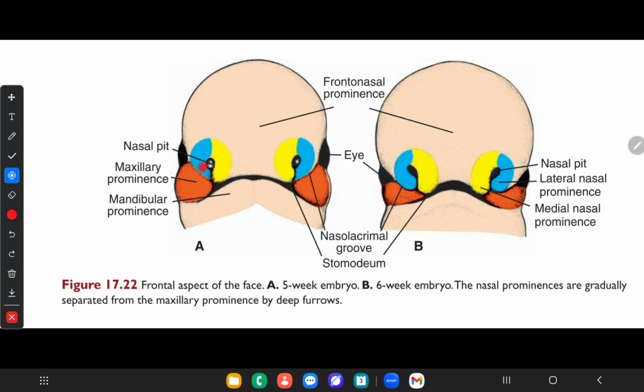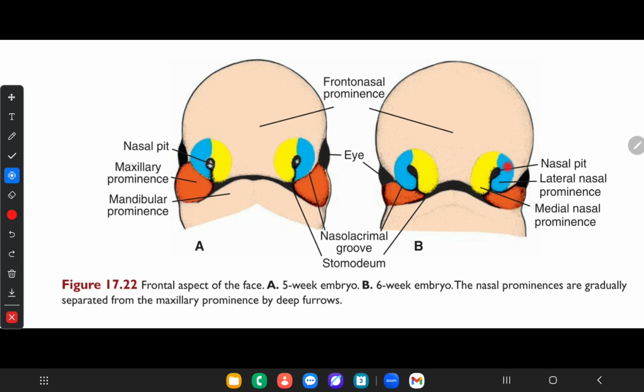Here you can see in this diagram the yellowish parts are the medial nasal prominences, and the bluish part is the lateral nasal prominence. Medial nasal prominence and lateral nasal prominence.